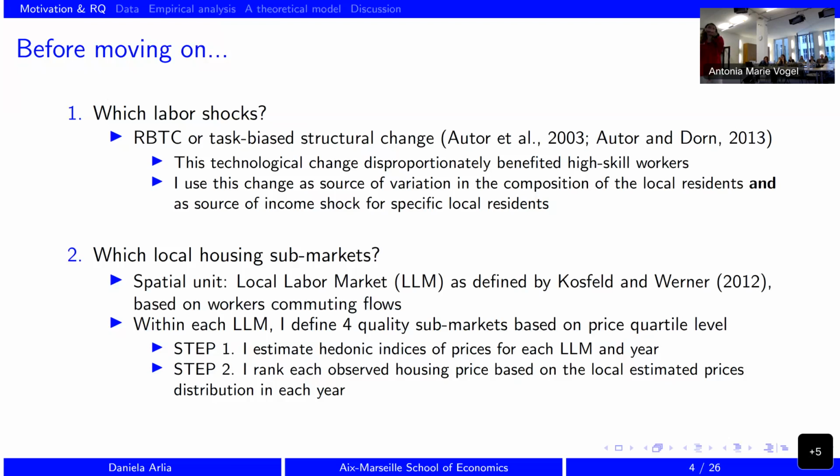In the first step, I estimate hedonic indices of prices for each local labor market and for each year. In a second step, I rank each housing observation, so each estimated hedonic price for the housing, based on the local ranking in each year.